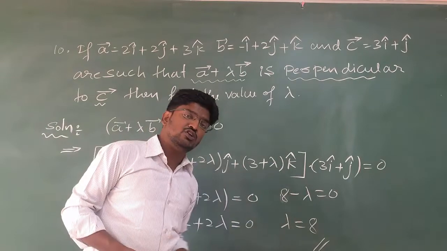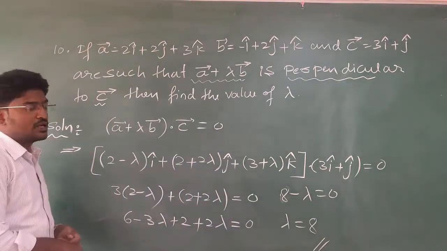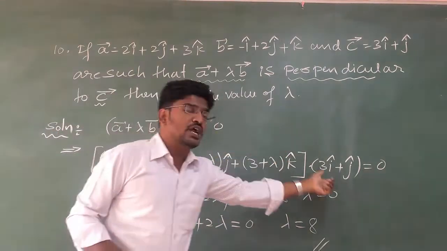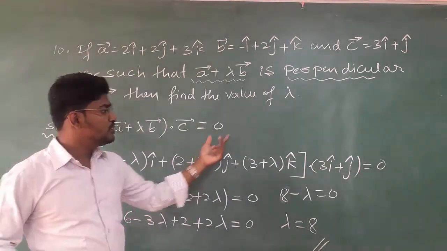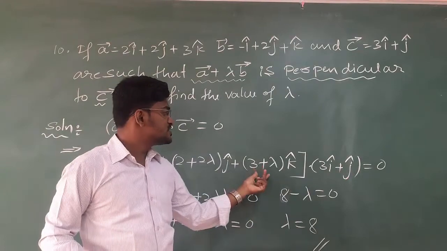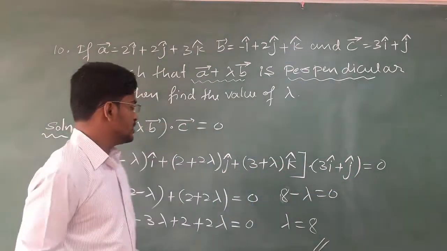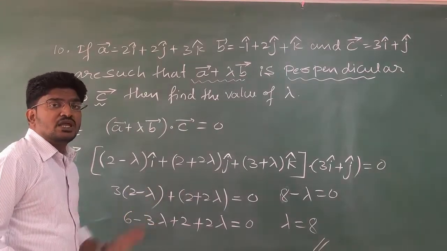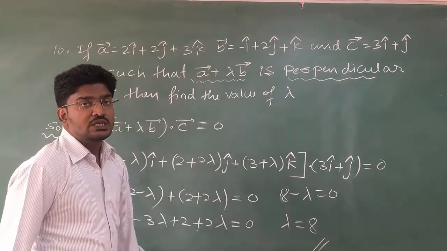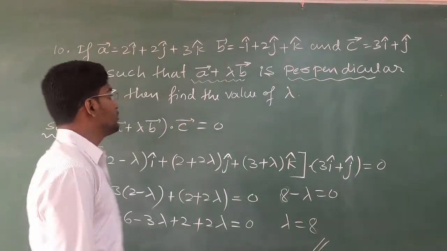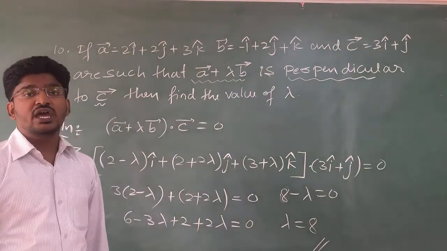Here dot product is 0 because of the properties of scalar products. Next, simple. This term multiplied with 3, this term multiplied with plus 1, this term multiplied with 0 because k cap is not present. You can simplify this simple equation. Lambda is going to be equal to 8. Clear? Okay. So it was a very simple problem, but be very careful.